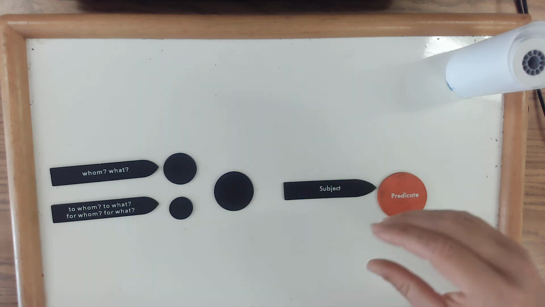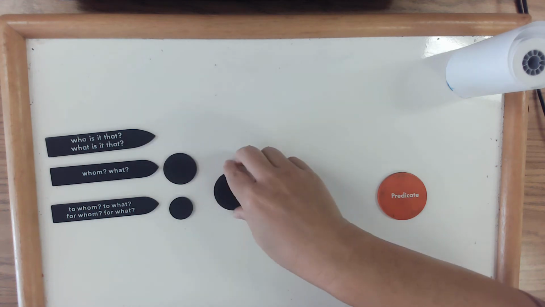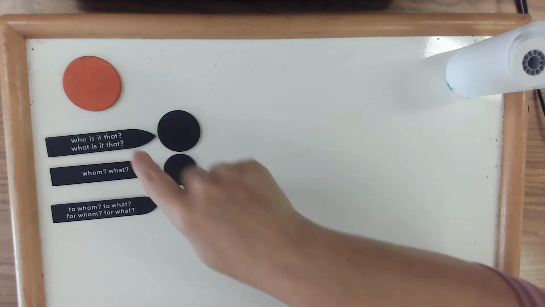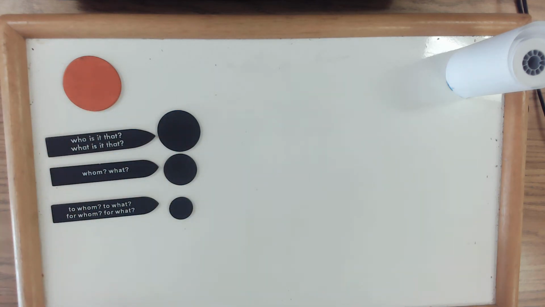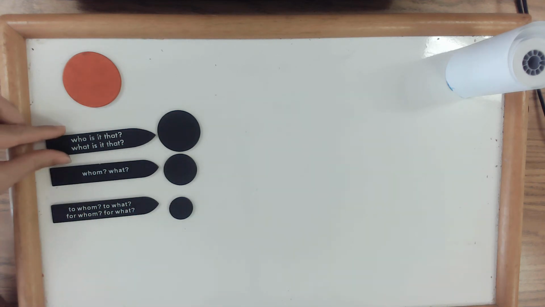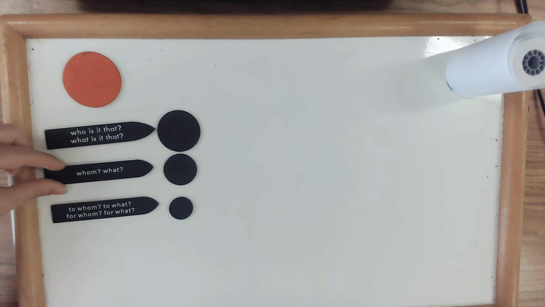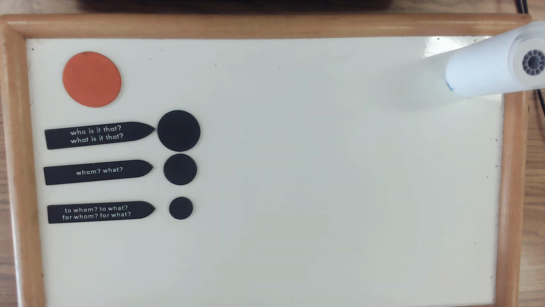Every time you use your own circles and arrows that you would have colored in at school and cut out, in between each and every sentence, you always want to reset the pieces. And they go in this order. With the red circle on top: who is it that, what is it that, whom, what, and to whom, to what, or for whom, for what.